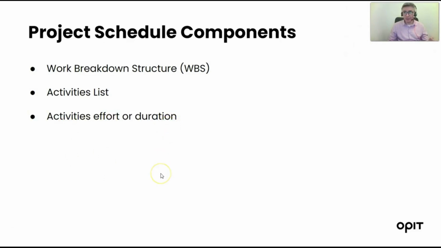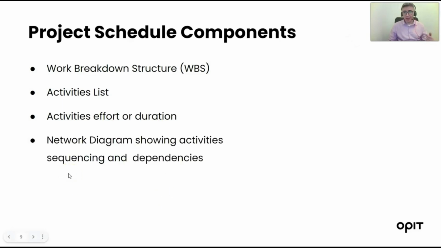We are going to estimate the effort or the duration for each task. We'll create a network diagram showing the sequences and dependencies that we have, how we are planning to deliver, in which order the tasks should be executed. So we'll have clarity about which task is dependent on another one.